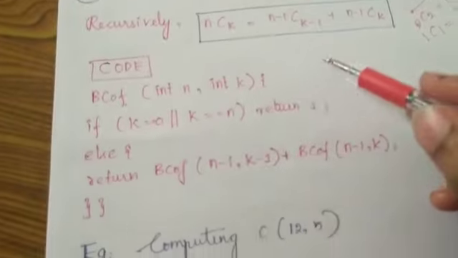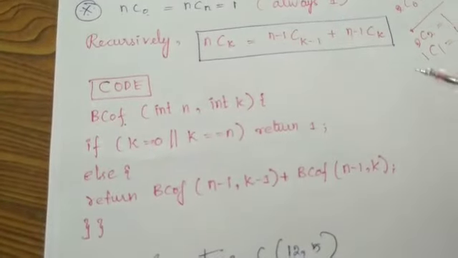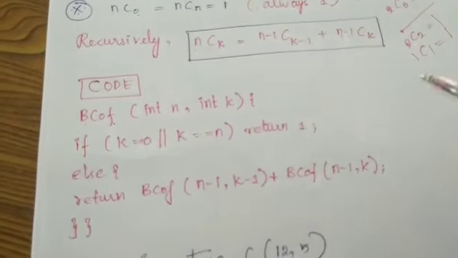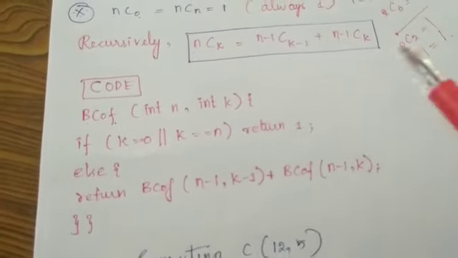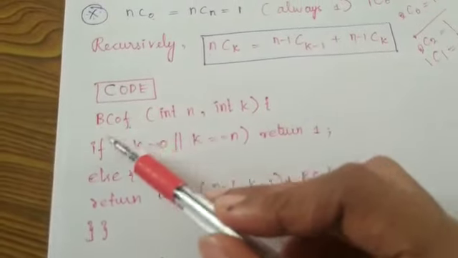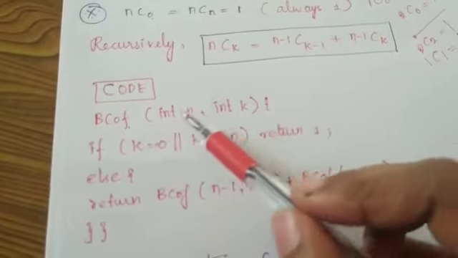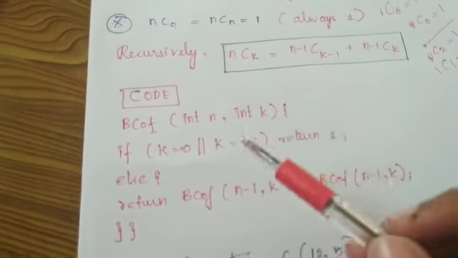Now this is the code for the recursion of computing the binomial coefficient. bCoefficient, the function name, takes two parameters, int n and int k.